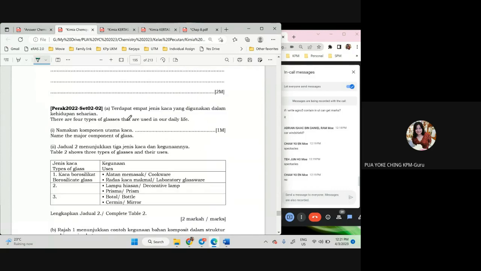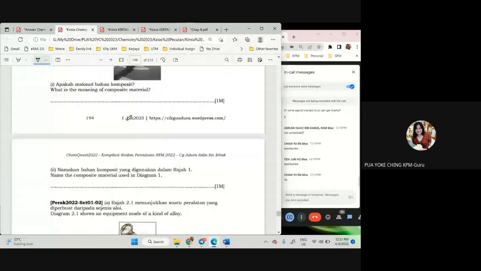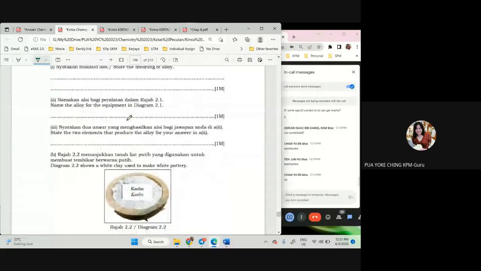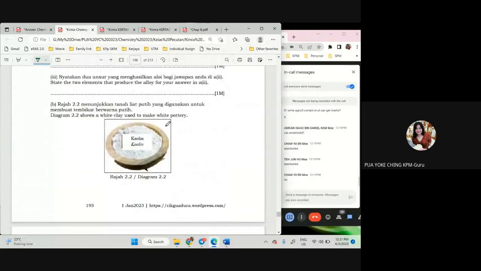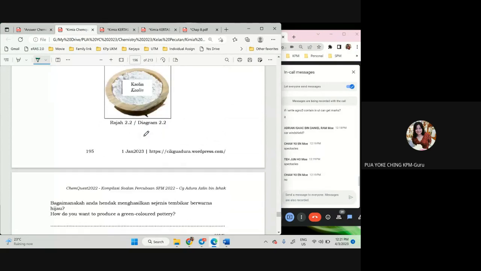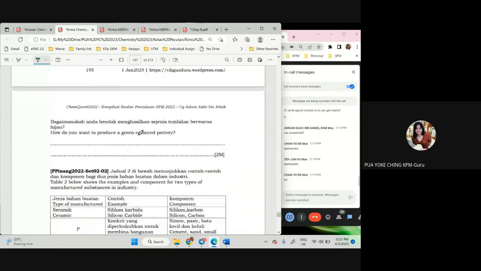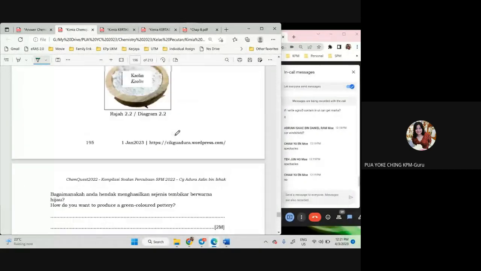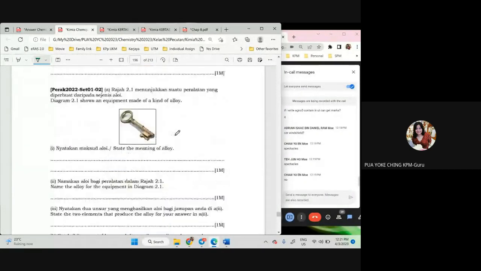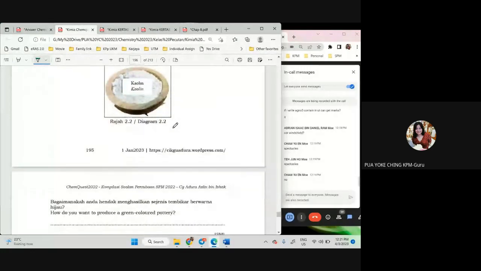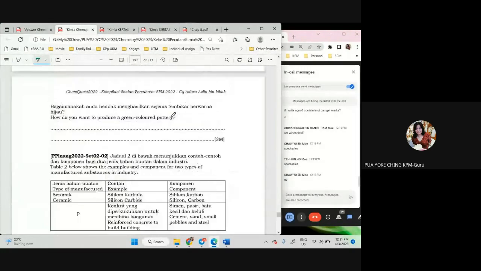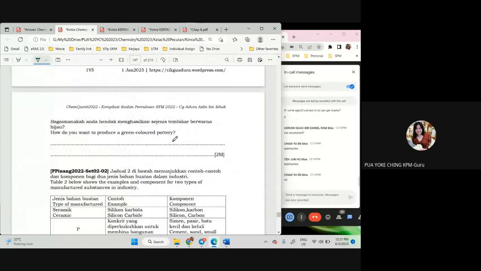Okay, then this is glass also. What is the composite material? What is the meaning of alloy? Okay, this is the kaolin. Kaolin is used to make ceramic, the white pottery. How do you want to produce a green colored pottery? Okay, this is a Perak question. You can go through it, but I think after you read the answer scheme, you will know.